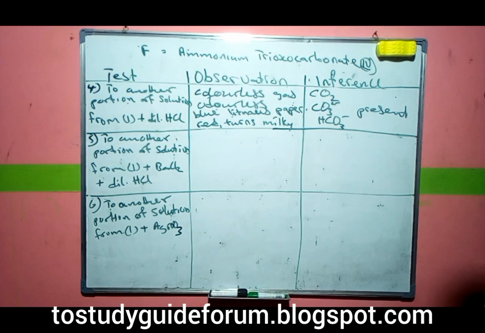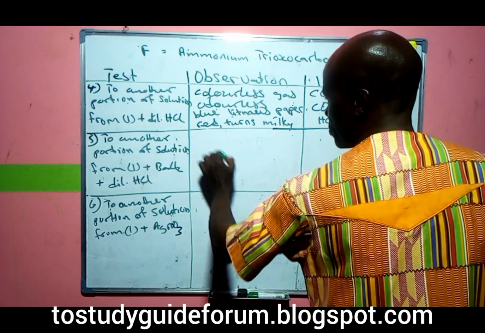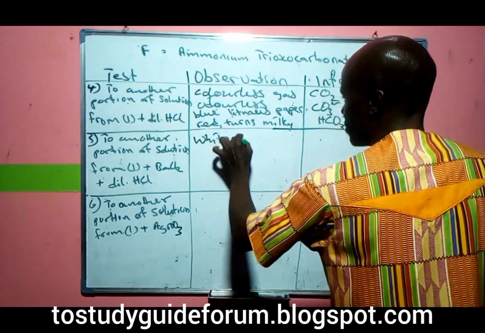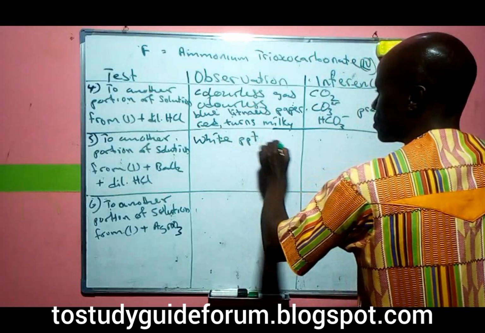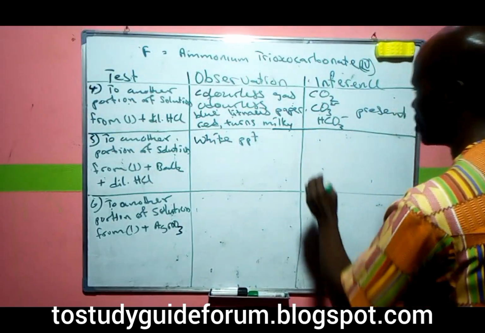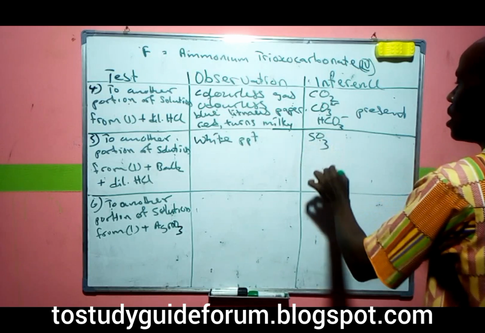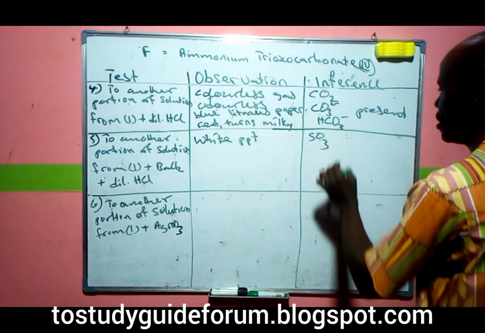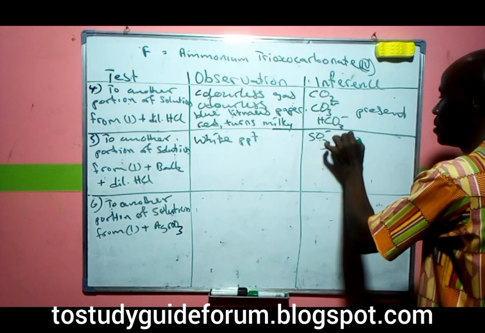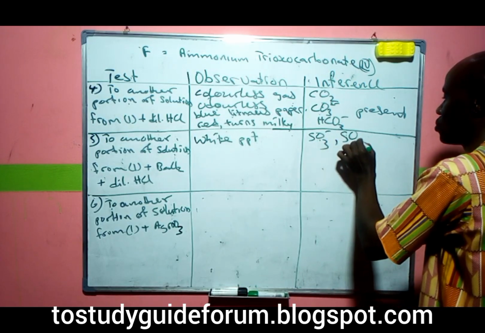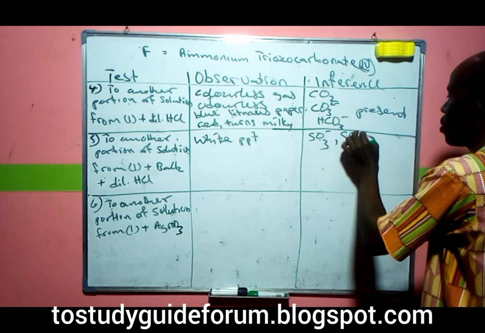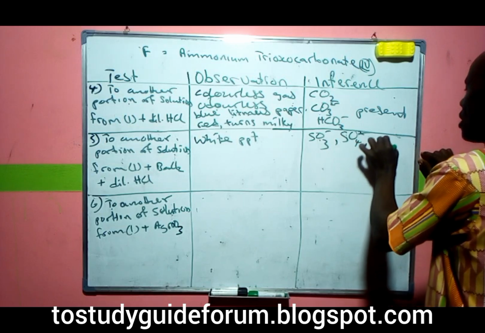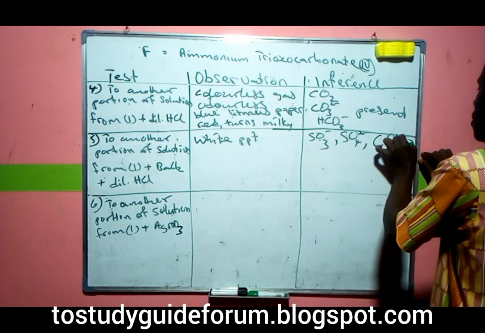Now, to another portion of that, you add barium chloride. What you notice here is a white precipitate. This white precipitate indicates the presence of trioxosulfate 4 ion and tetraoxosulfate 6 ion and also trioxocarbonate 4 ion.